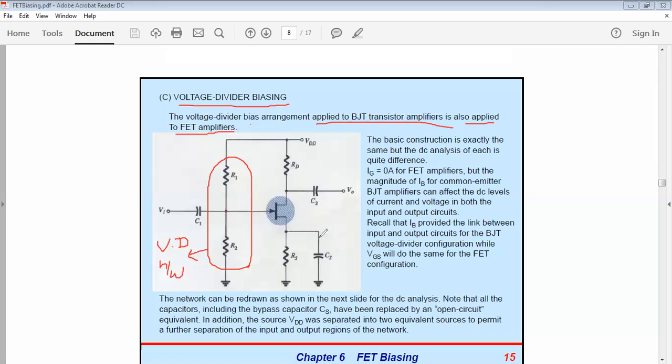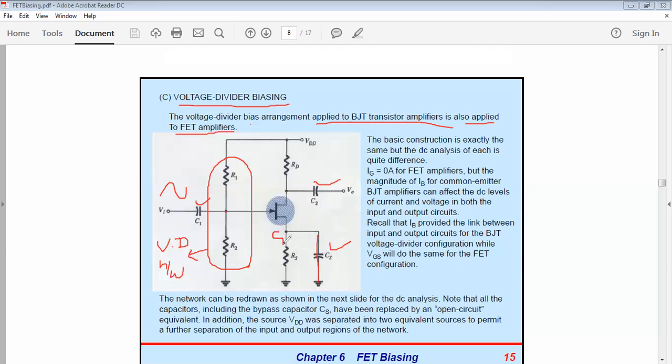Observe here why the capacitor is connected in parallel to RS. Here we have capacitors C1, C2 and CS. This is the voltage divider bias FET amplifier, right? Whenever we apply some AC signal through a capacitor, for AC analysis we assume that the capacitor is a short circuit.